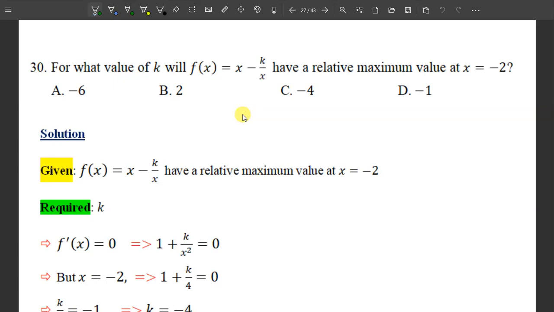The next question is going to be the last question for today's video, or for today's lesson, and therefore let us deal with this one. Here it says, for what value of k will f of x is equal to x minus k over x have a relative maximum value at x is equal to minus 2.